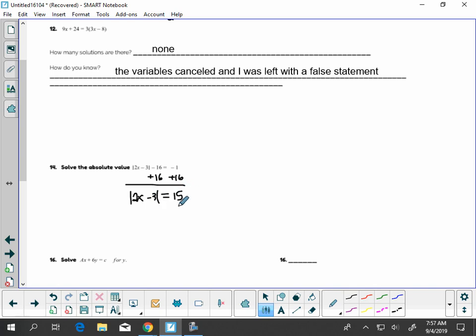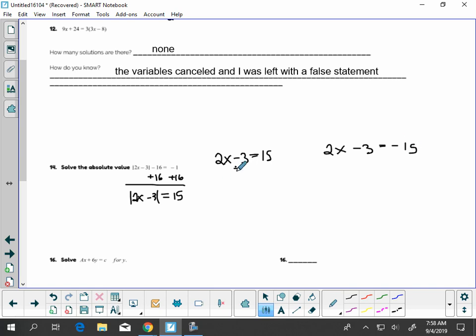All right, it's equal to a positive, so I'm in a good space. I need to make two equations. You write the first one down, just how it looks. 2x minus 3 equals 15. And then you have to do the negative. 2x minus 3 equals negative 15.